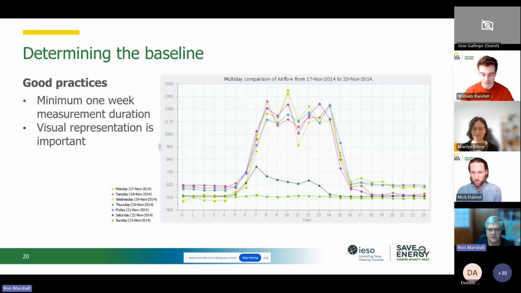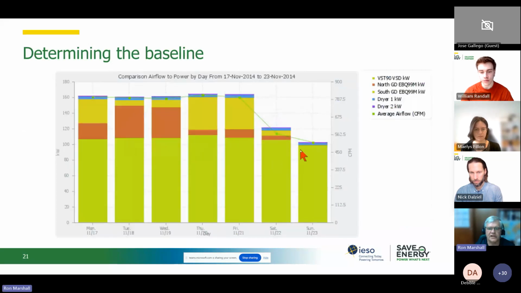All right, so a good way to visualize, right? So we can see here the week time, we could average all those weekdays and do something special with the weekend activities, right? Here's another way of visualizing it, right? We can see, and this is, we're adding up compressors, right? We can see compressors and we're even including the dryers in the power consumption and seeing how that correlates to airflow, right?